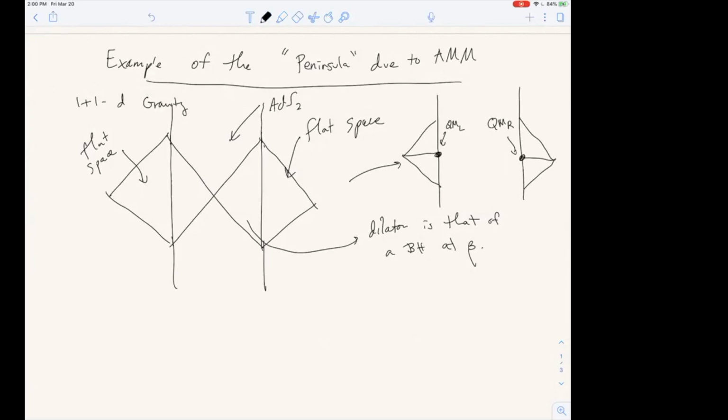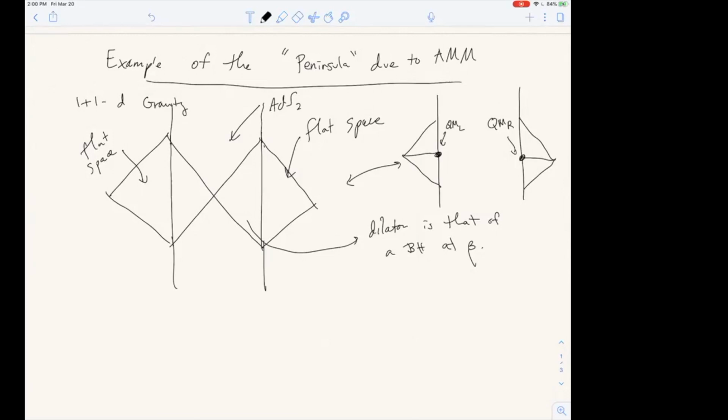And these two pictures are dual to each other. Now, in this picture, you can take regions of the bath and ask about what their quantum extremal surface or their entanglement wedges are, right?